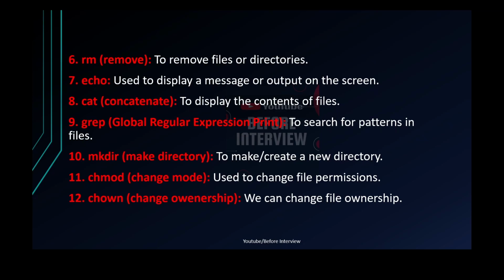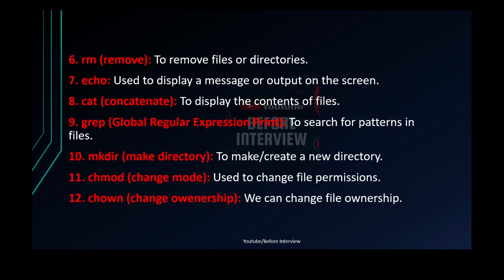Next command is cat, which stands for concatenate. It is basically used to display the contents of files. Whatever the content of your file, you can display that using cat space file name. So if my file contains a number of lines or any kind of text, then I will use the cat command to display its content.